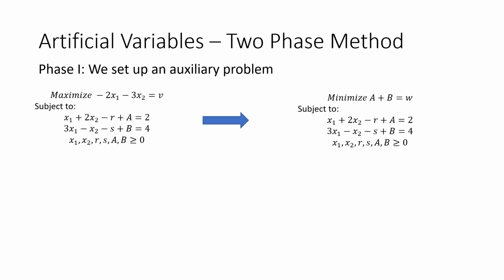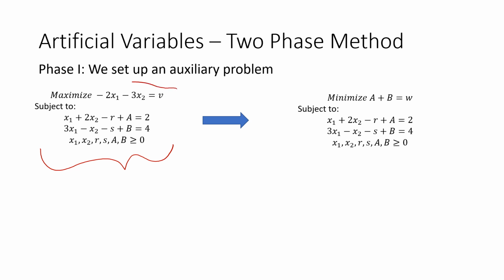But now, once we have the artificial variables, remember that the objective now is we want to solve this and make our artificial variables equal to 0. So what we're going to do is we are going to find a point that is feasible where the artificial variables are equal to 0. That's what we need to have for a starting point for our simplex method.